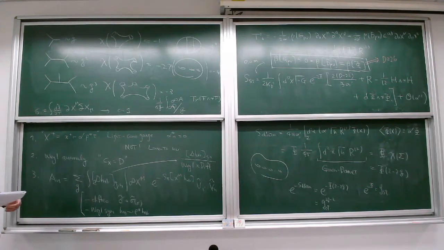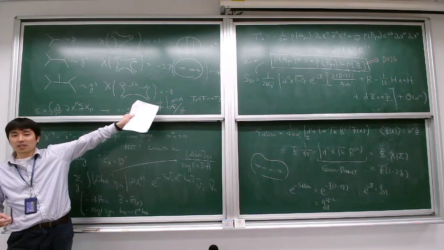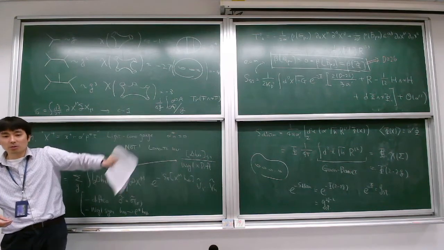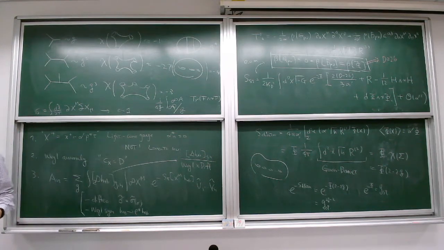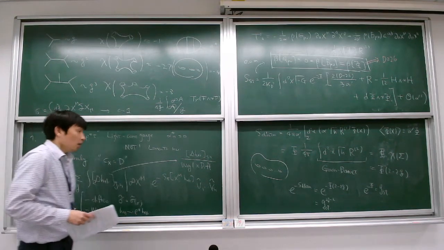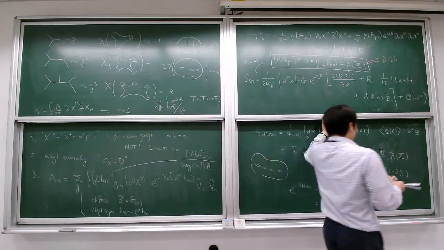And then we do the same procedure. To fix a gauge in Yang-Mills, we just use the Faddeev-Popov method, and we will do the same thing.